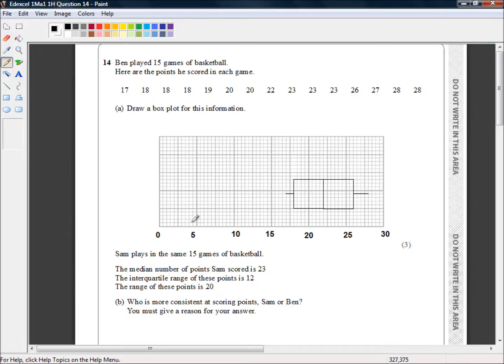So instead of going 10, 20, 30, 40, 50, 60, I'll go up 5, 10, 15, 20, 25, 30, which means on this scale 2 little boxes equals a score of 1 point. So having drawn in my scale, and we don't have to make it really neat, it's only worth 3 marks, we're not going to spend half an hour trying to make sure this is perfect.